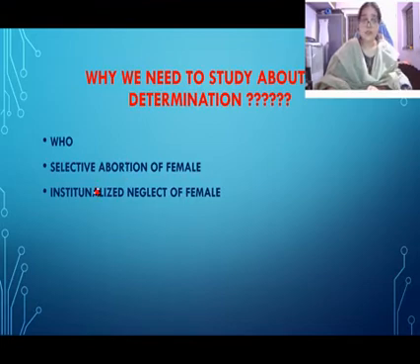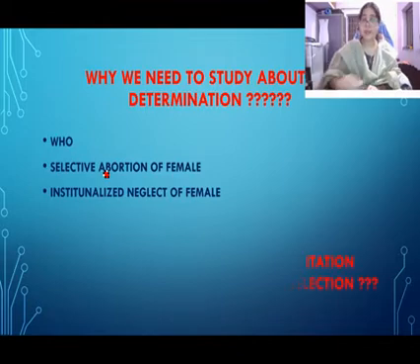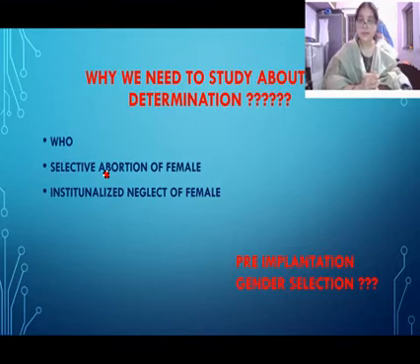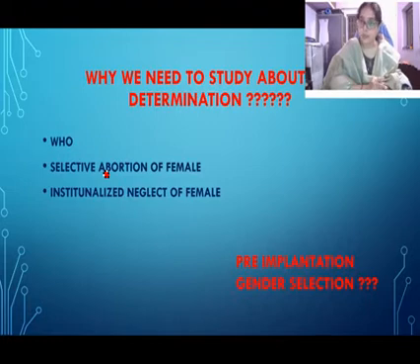Selective abortion was done by amniocentesis or ultrasound, and nowadays in India it is banned. So that is why you must understand why we need to know the scientific, biological reason for offspring sex determination, or what determines the sex of the offspring of any individual.